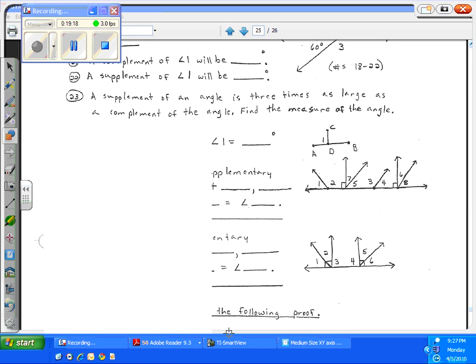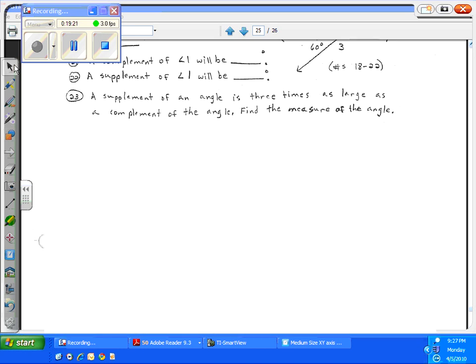Number 23. When you do word problems, if you follow from the Algebra 1 text that I wrote, again, it can be found at www.dballardproductions.com.